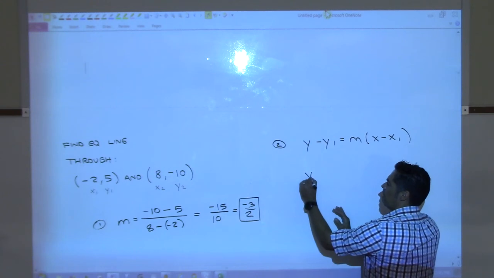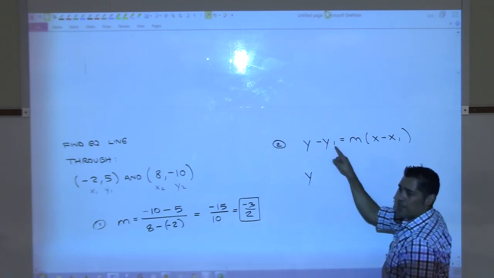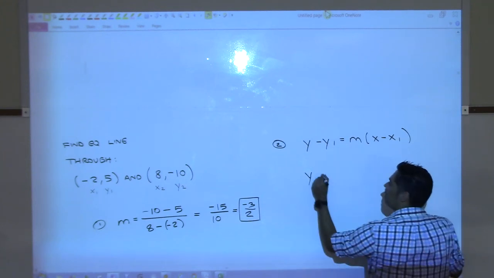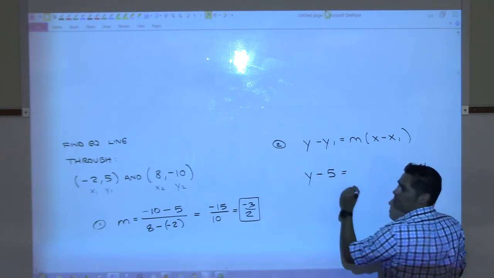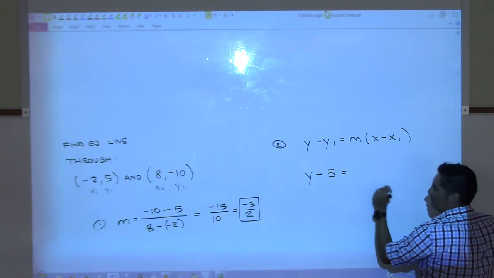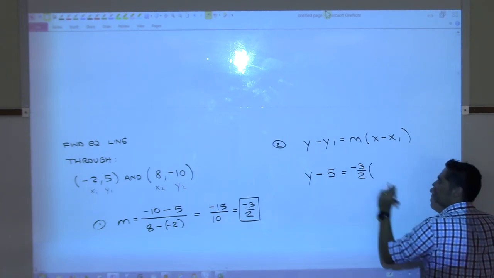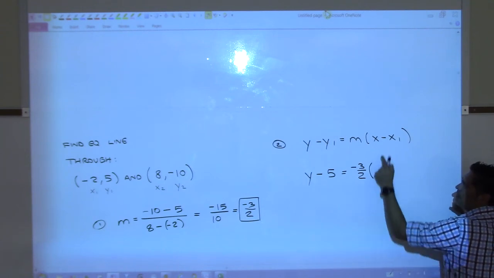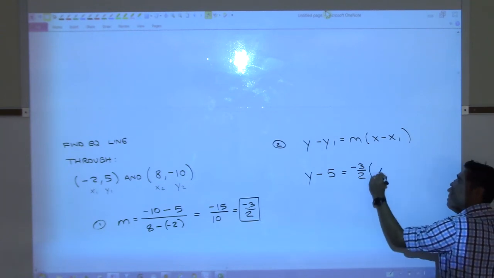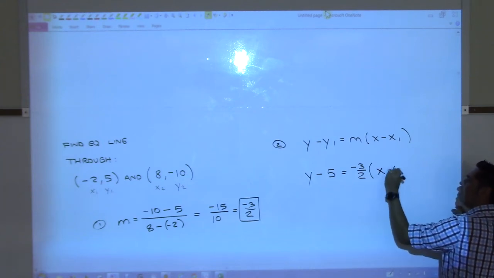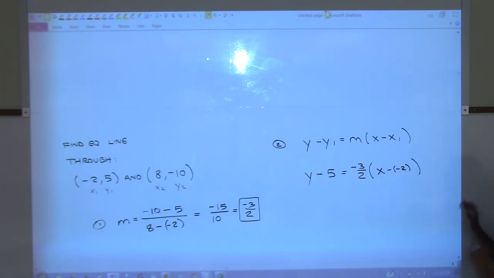Minus, Gio, what comes next? I'm doing minus y1, so what is that for us? -5, okay. And then equals your fraction, that's where you get the -3 halves. Parentheses, and then the x will stay x, and then subtract what? Negative 2, so minus negative 2. There we go. Okay, so that's the equation of the line, but it doesn't look very pretty yet, right?